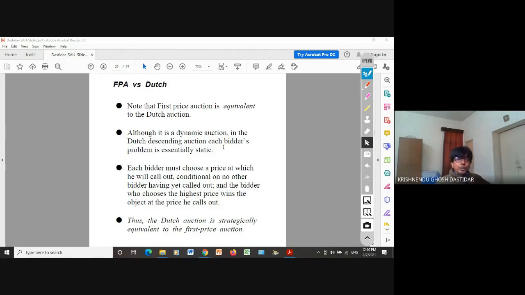So you really cannot observe anybody else doing anything, because once the bidder says yes, I'm willing to buy, the game ends. So strategically, the situation is exactly the same as a first price auction. You have to think of at what price I should say yes, which means how much my bid amount should be. And it essentially means the Dutch auction is the same as the first price auction.